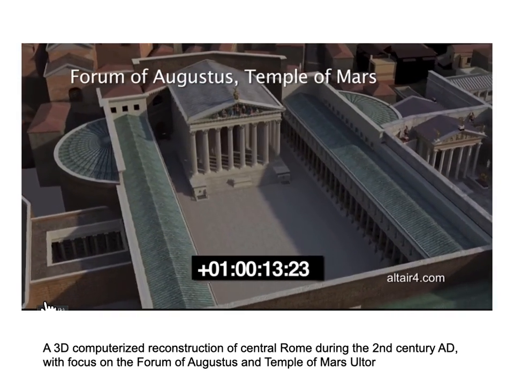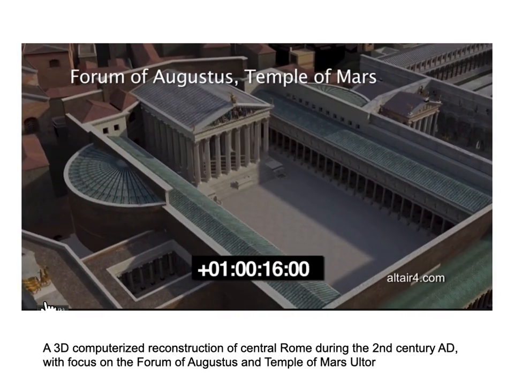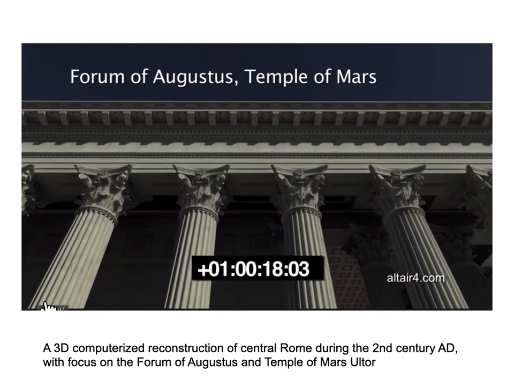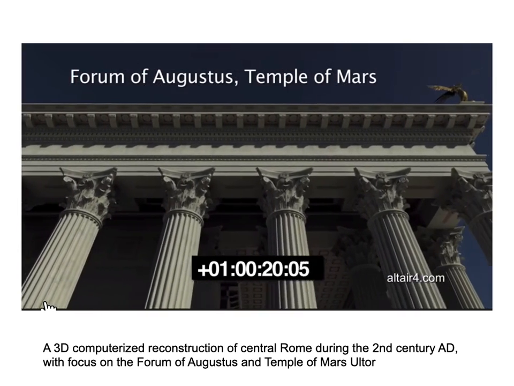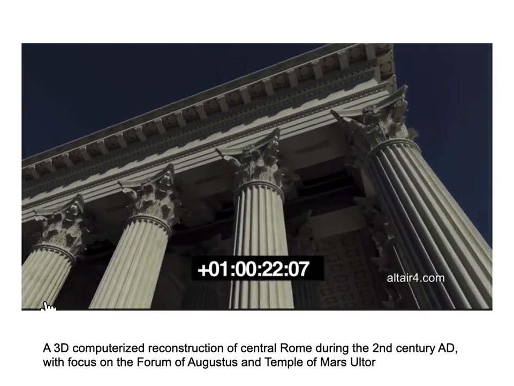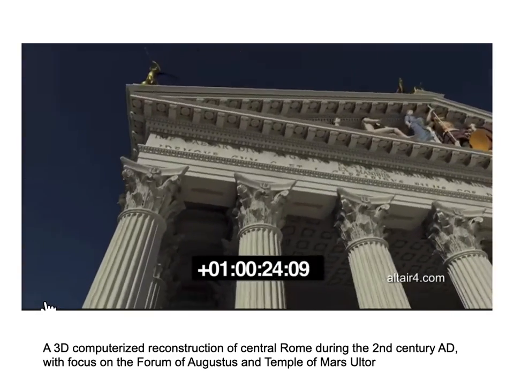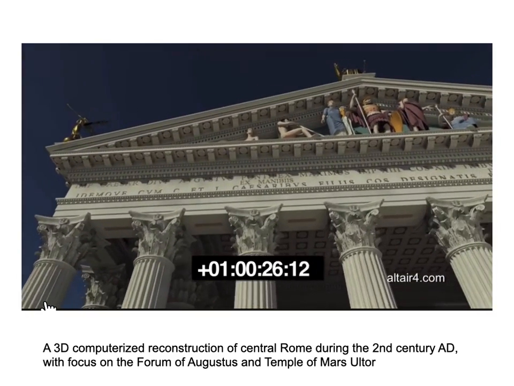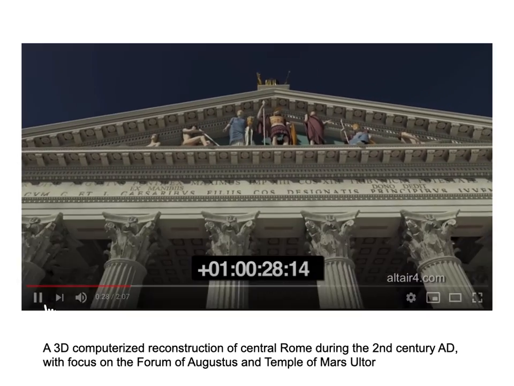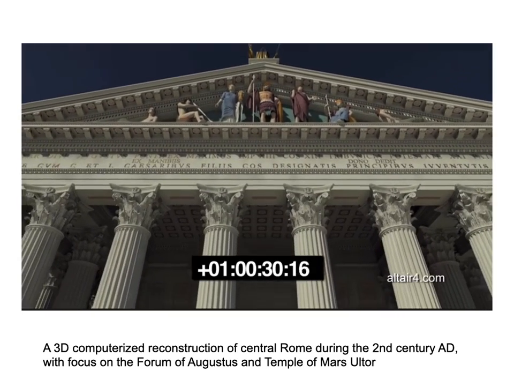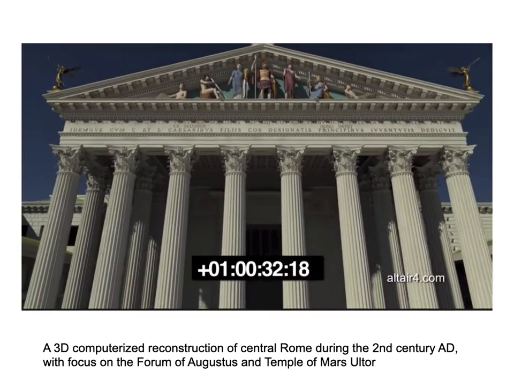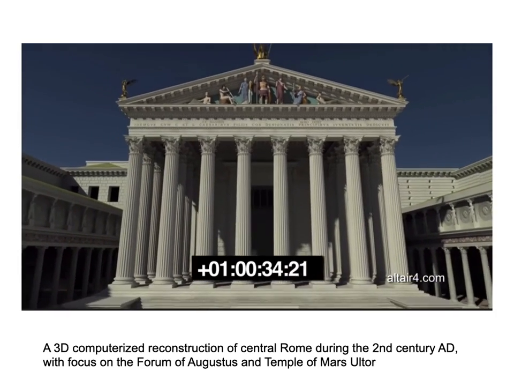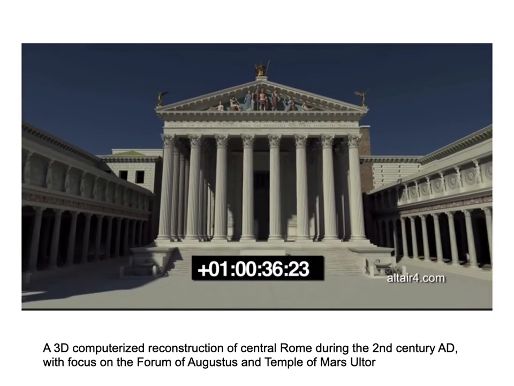Also, once again, notice the emphasis on the front facade and on the magnificent Corinthian columns and capitals shown here in the reconstruction, and the pedimental sculpture with Mars standing at the height of the apex of the pediment's triangle.